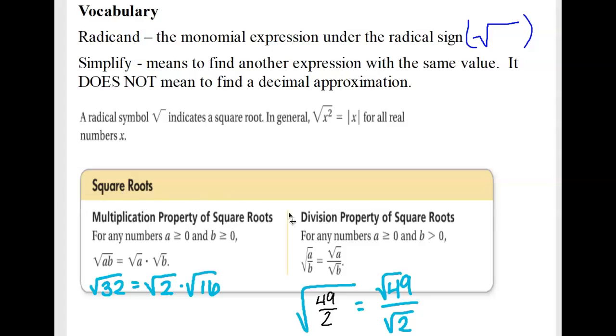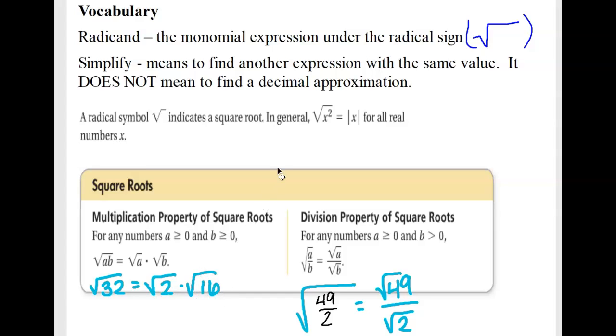The multiplication and division property of square roots says that if you have two numbers being multiplied together to make a new number under a square root, we can think of rewriting that square root as both of those numbers separated. So for example, the square root of 32 can be rewritten as the square root of 2 and the square root of 16.